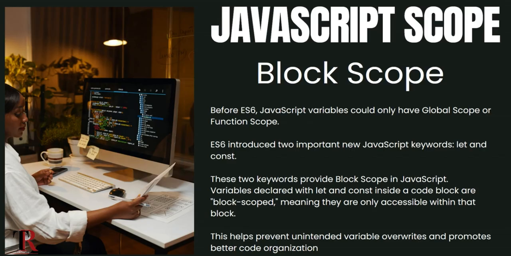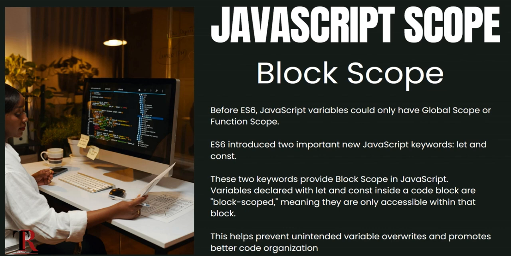So ES6 gave rise to the block scope as a result of the introduction of the let and const keywords, and this helps prevent unintended variable changes and promotes better code organization. Block scope helps us prevent unintended variable changes, so that you don't redeclare an existing variable or change a value that you don't want to change.